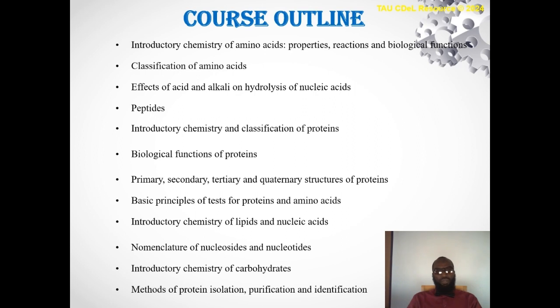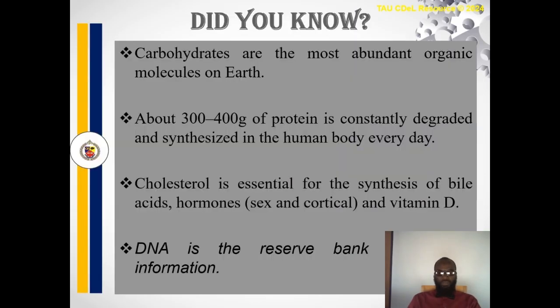We're going to be looking at peptides, introductory chemistry of proteins, and biological functions of proteins. We're going to be looking at the different structures of proteins. Also, we're going to be looking at the chemistry of lipids, and the chemistry of carbohydrates, as well as the methods of protein isolation, purification, and identification.